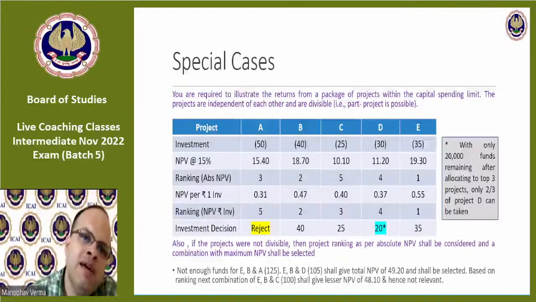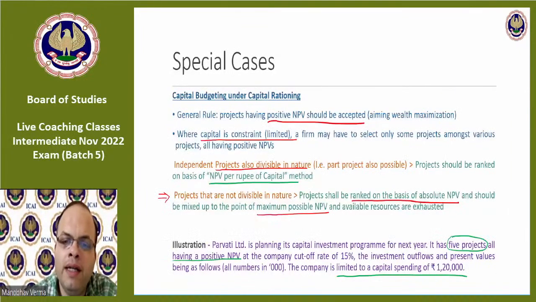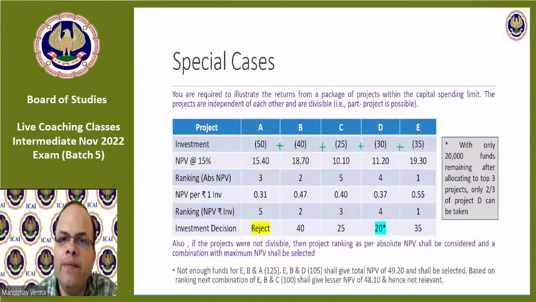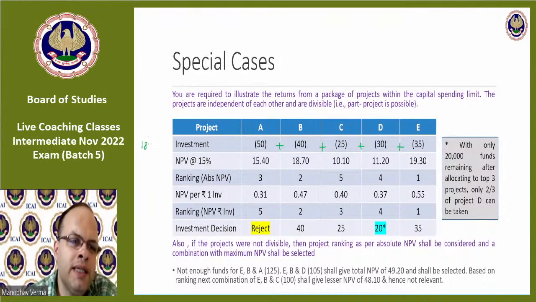Guys, can we please have a look at the total investment required? 50,000, 40,000, 25, 30, and 35. So the problem here is we have a budget of 1,20,000. But if I add the investments, I'm getting 1,80,000. I'm getting 185 if I decide on all the projects. Can I really invest in all? No, I can't. I really can't.